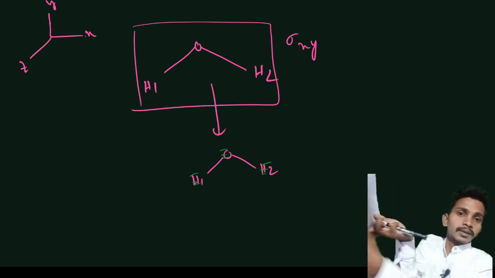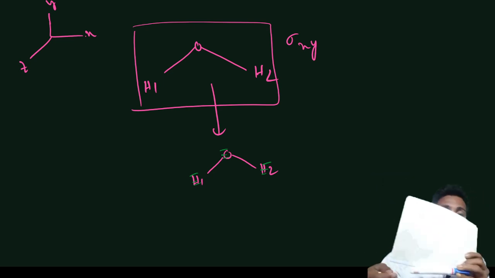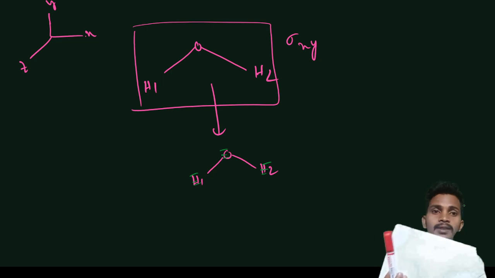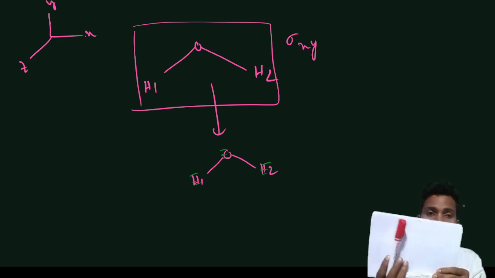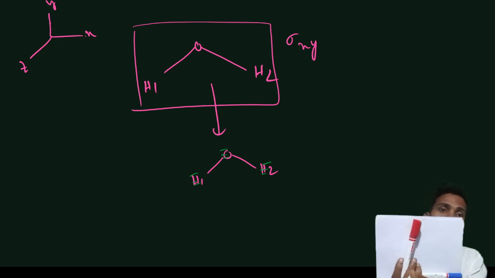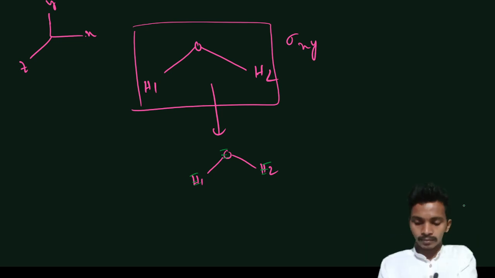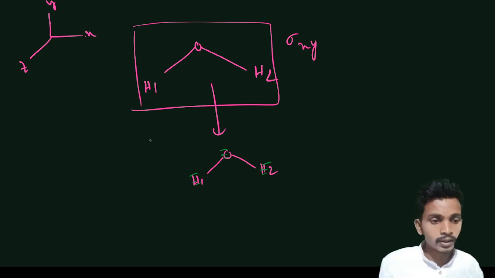Okay, like that. So here this is the direction, the plane contains x and y, so this was in this direction. After the plane, this will come to the back side. So here if we apply, the coordinates are there.